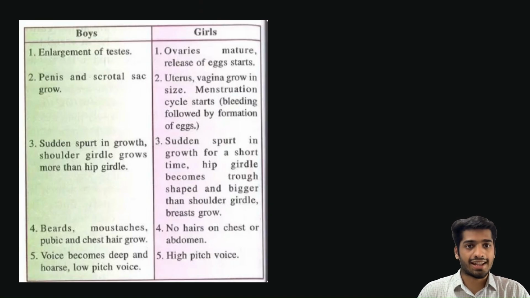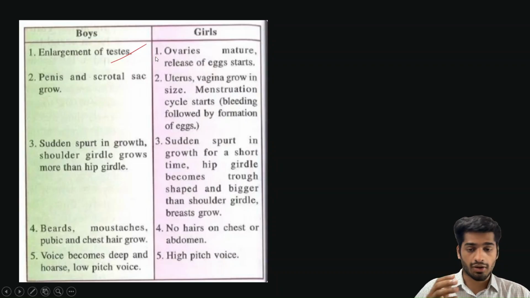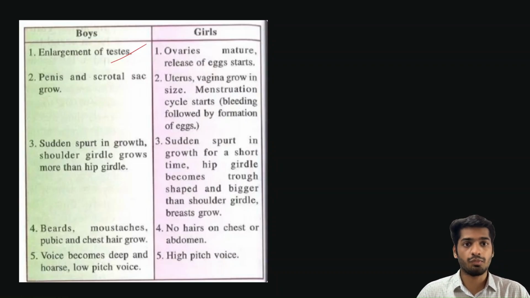So how can we say that the boy or the girl is in their puberty? The first thing you can see is that in girls there will be enlargement of the breast, and in boys there is going to be enlargement in the testes. The second thing would be that in males, from this age, the sperm cells will start to be produced.